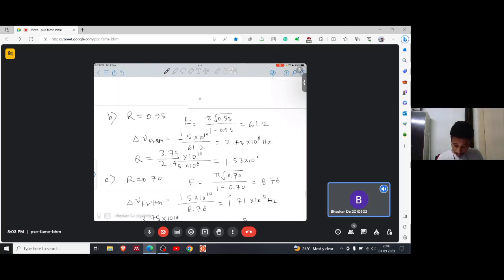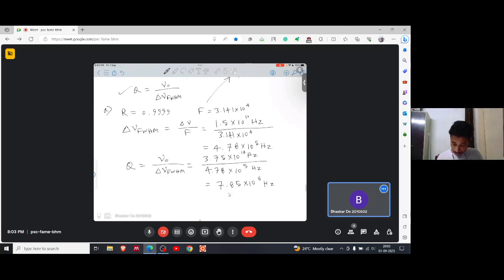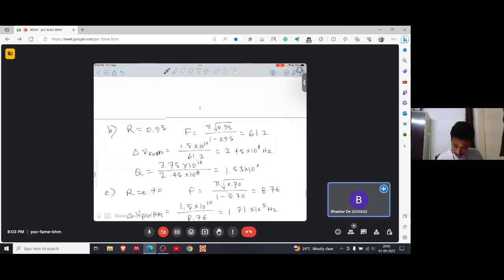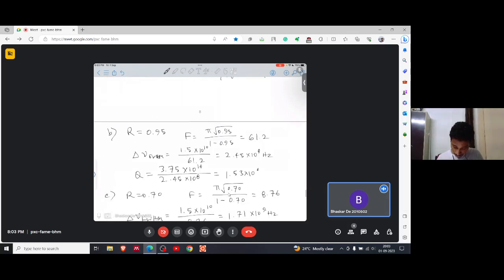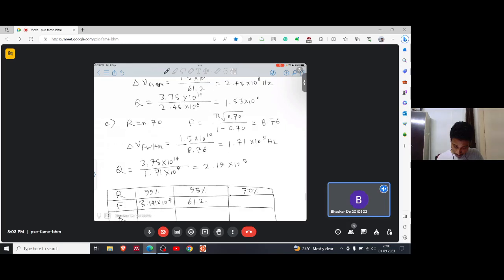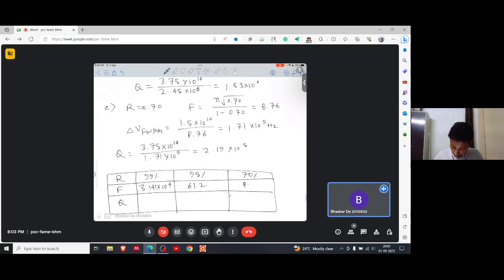Now if I write down the value of F, it is 3.141 into 10 to the power 4, then for 95% it is 61.2, then 8.76.